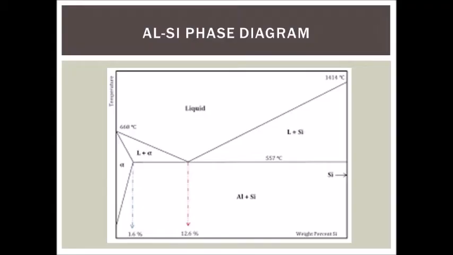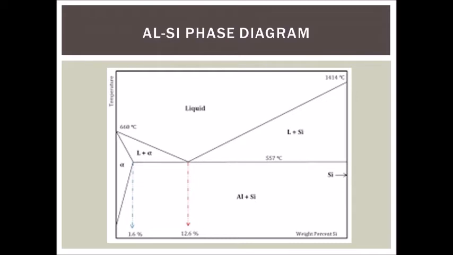Then after that, I'm going to explain an example of a phase diagram, which is the aluminium-silicon phase diagram. Okay, this is an example of a phase diagram for aluminium-silicon, which is always used for die casting.